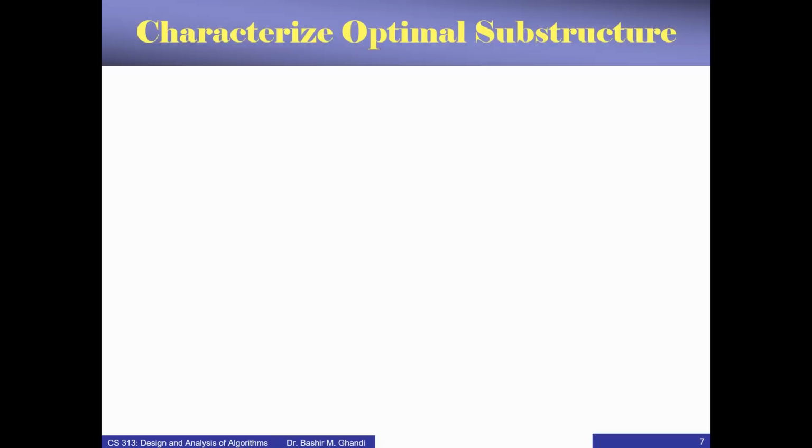So we're going to follow the sequence as we said at the beginning by first of all characterizing the optimal substructure of the problem. To do that, we start by defining a notation.